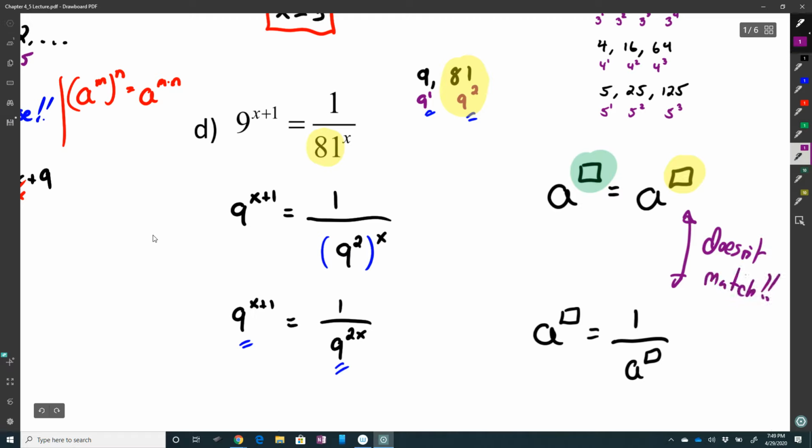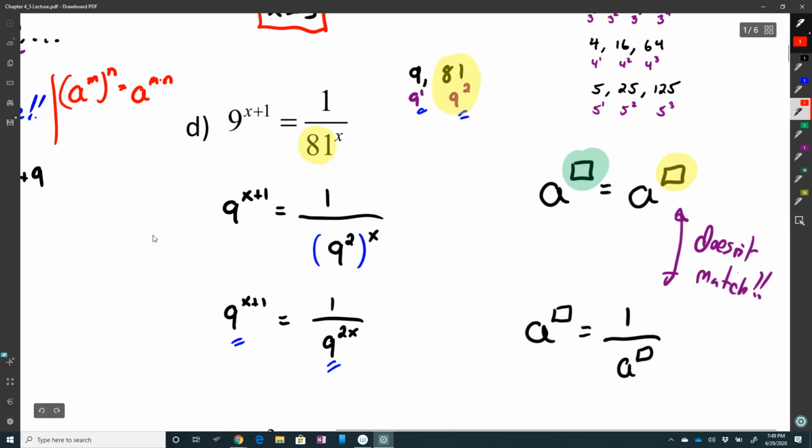So I can't use the rule yet, but what I can do is go over some exponent laws from many moons ago. We know that a to the n is equal to 1 over a to the negative n.